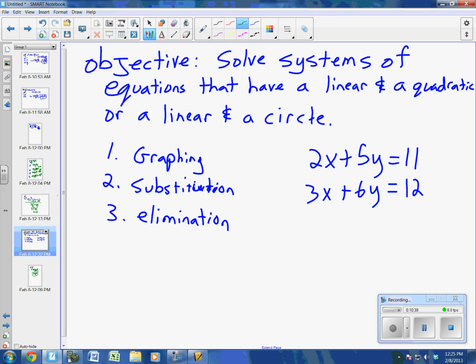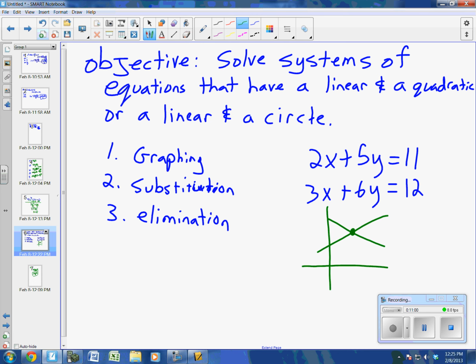So we're looking for the intersection of the two graphs. If you graphed it, let's say this is your y-axis and your x-axis, and these are the two equations. You're looking for the point where they intersect, like a traffic intersection. So that's what you're looking for.